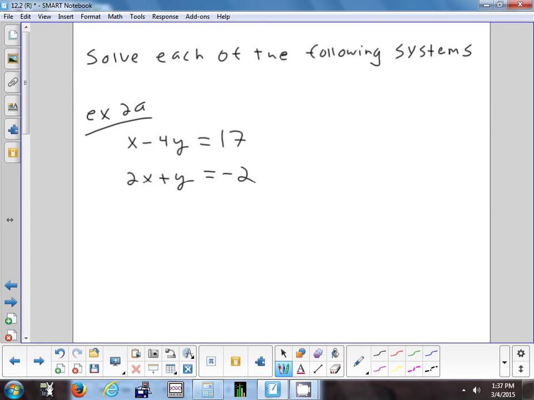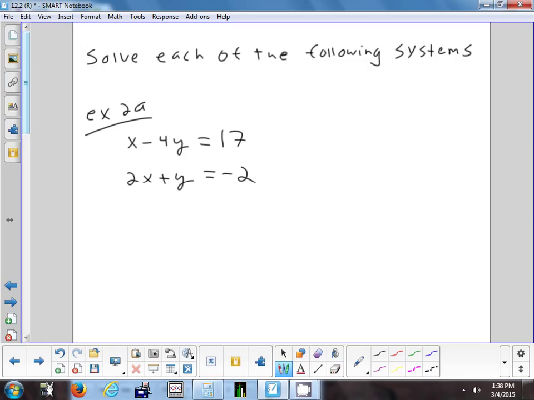Let's look at this one. Does the top equation have a letter by itself right now? No. How about the bottom equation? Is there a variable by itself on the left-hand side with just the equal sign? No, not at all.